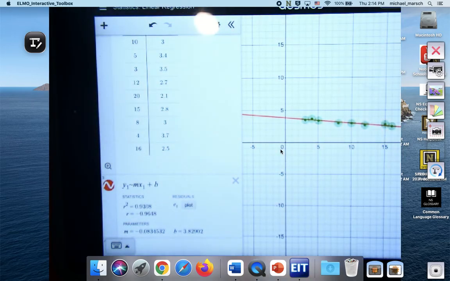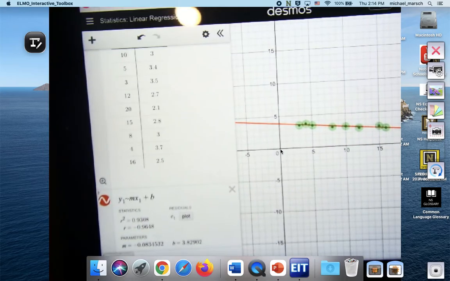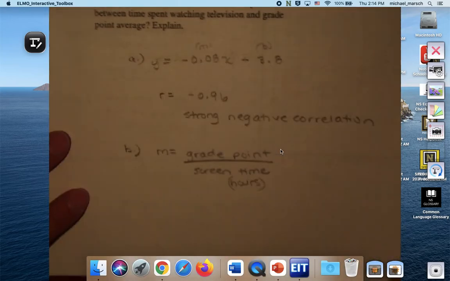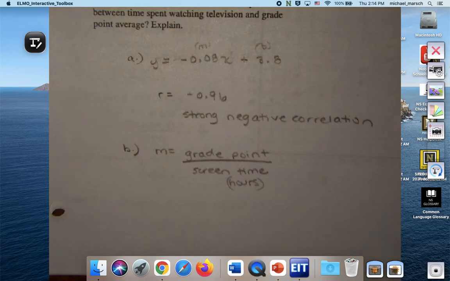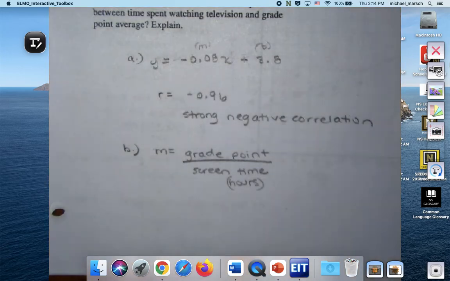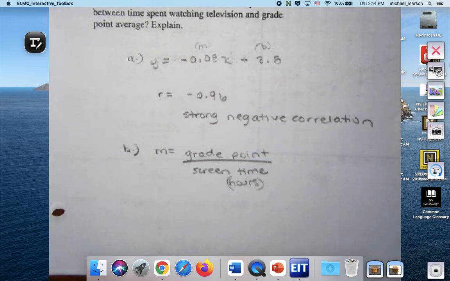Part B says interpret the slope and y-intercept. We did this already with the boat. So I'm going to say m equals grade point average as our numerator over screen time in hours. I changed it to screen time because I don't think you guys actually watch TV. Don't you just watch your little phones?